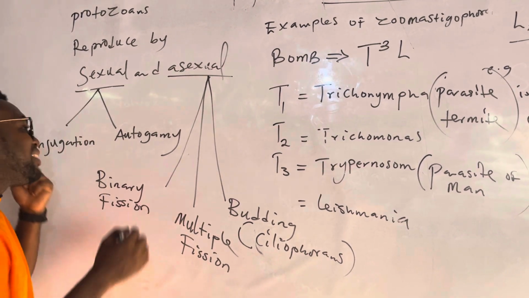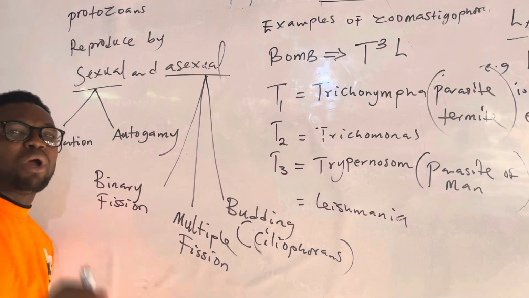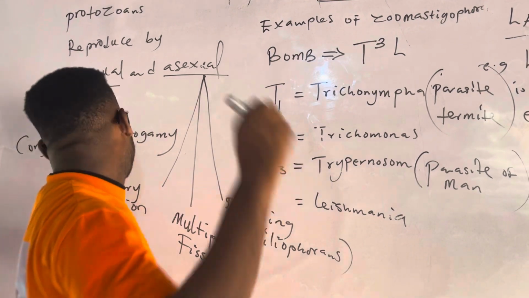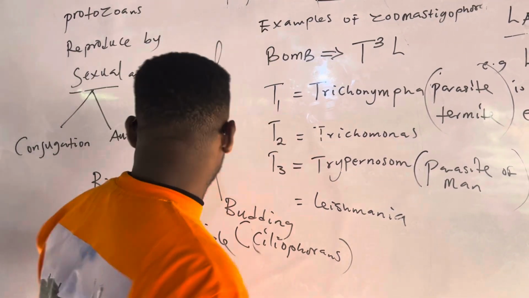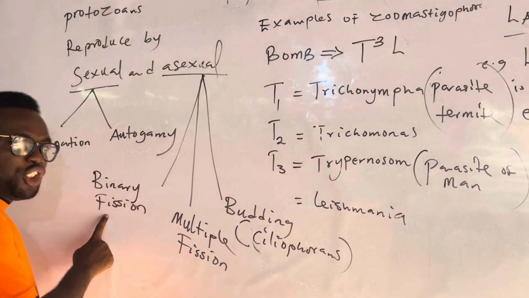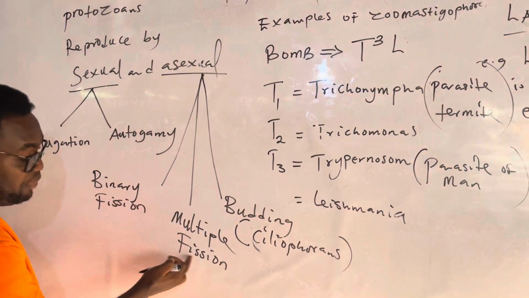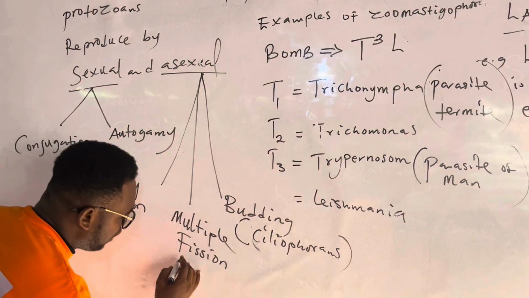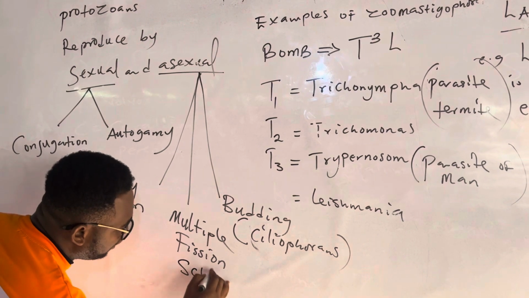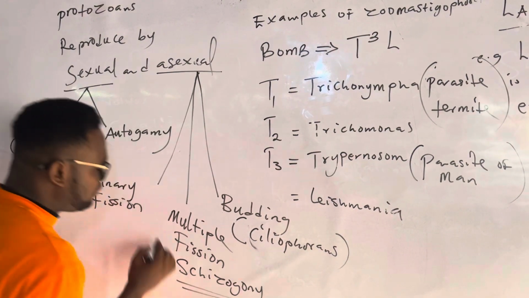Alright? But if you are asked in exam, the most common asexual method of reproduction by protozoans, your answer will be what? Binary fission. Some protozoans can also carry out multiple fission. And multiple fission is also called what? Schizogony. Take note of this.